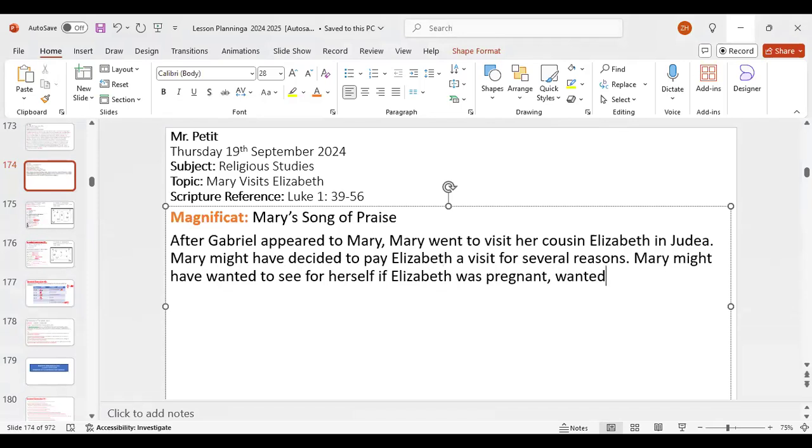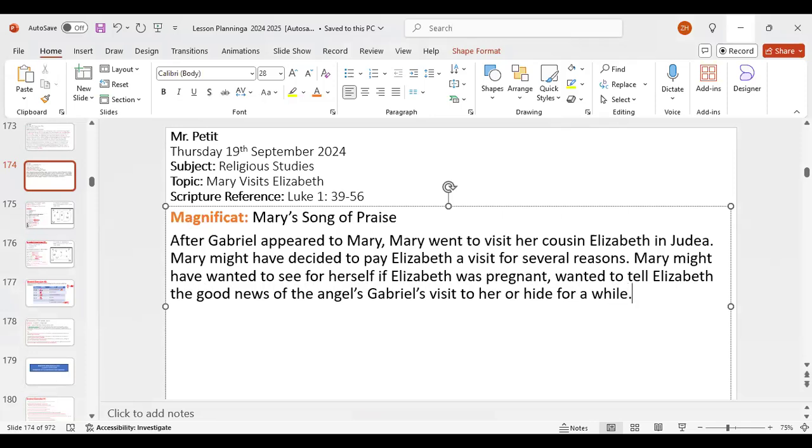She wanted to tell Elizabeth the good news of the angel Gabriel's visit to her, or she might want to hide for a while.